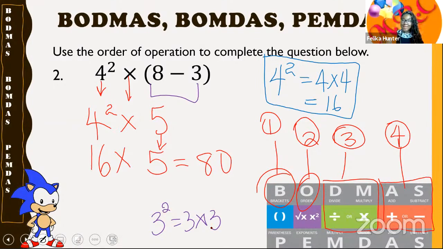X square, X times X. So that's what the square means: you're multiplying the number by itself. We're going to go to the next question.